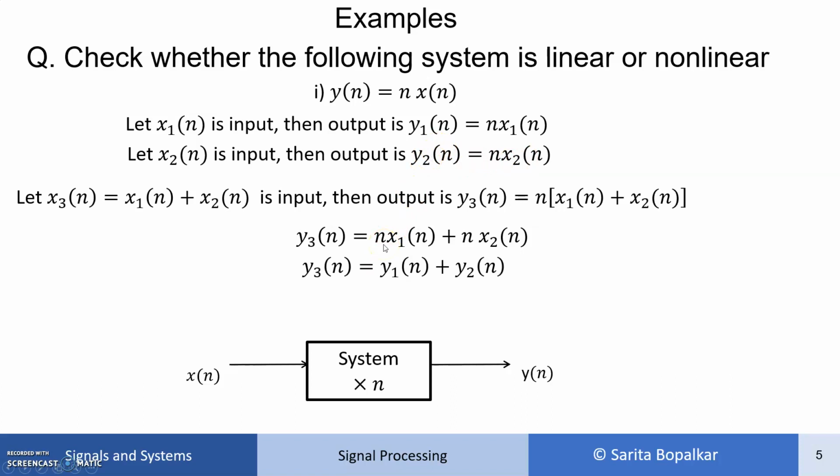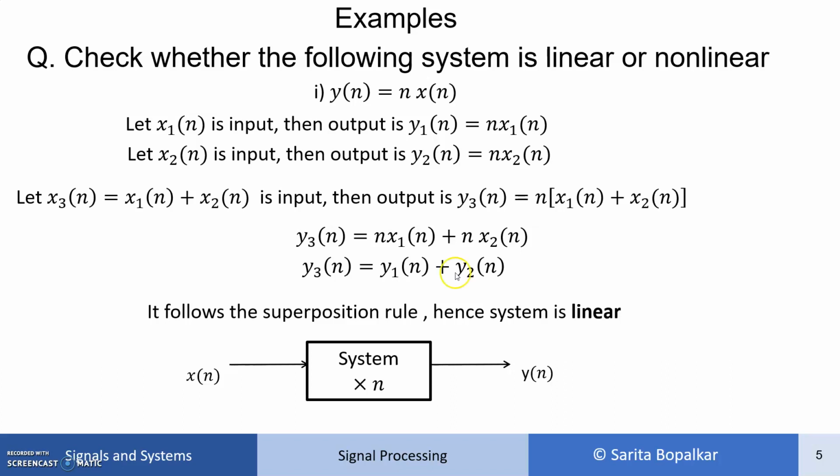So this y3(n) is nothing but the addition of the individual outputs, and this is our superposition principle. If we add two different inputs, at the output you get the summation of the individual outputs. The system follows the superposition principle, hence this system is a linear system.